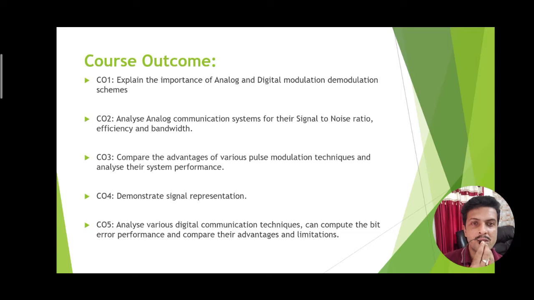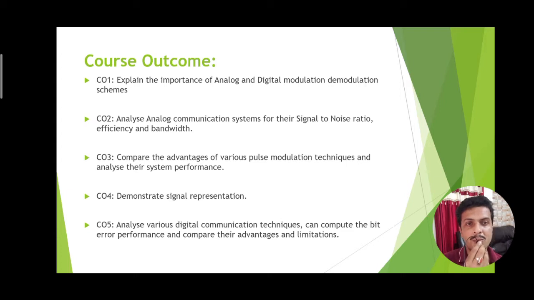There are 5 course outcome statements. The first is to explain the importance of analog and digital modulation and demodulation schemes. The second is to analyze analog communication systems for their signal to noise ratio, efficiency, and bandwidth. The third is to compare the advantages of various pulse modulation techniques and analyze their system performances.